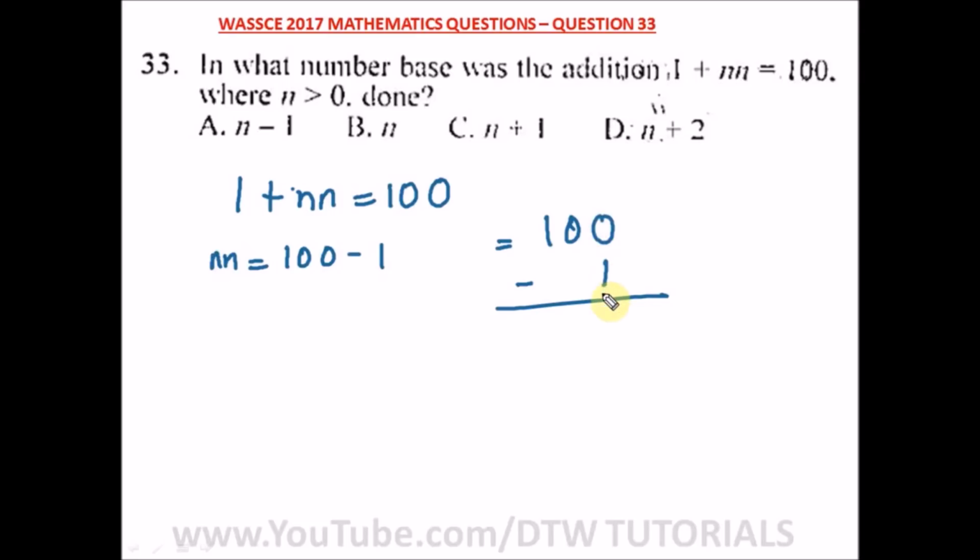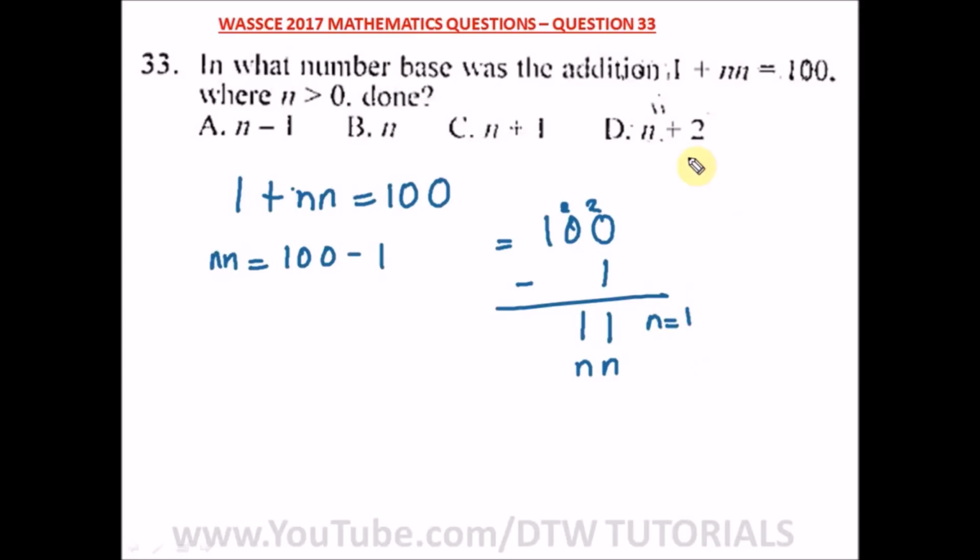Since 0 can't subtract 1, we have to borrow. So we borrow a 1 from here to here, it will be a 2, and we take a 1 from here also to here, which will also be a 2. So 2 minus 1 is 1, and we are left with 1, so we drop 1. So you can see that 11 is similar to nn, where n is equal to 1.